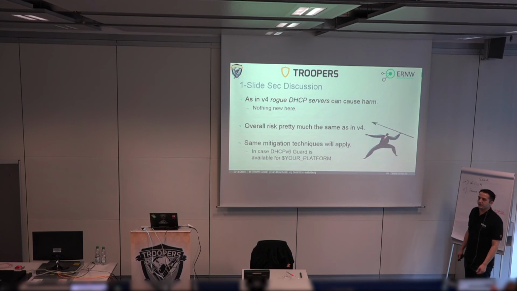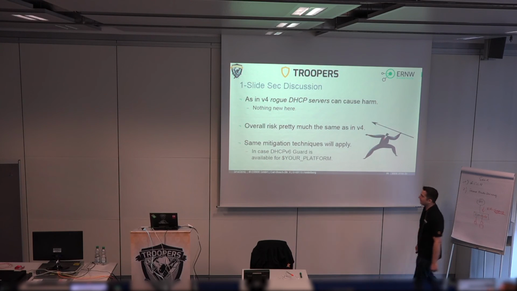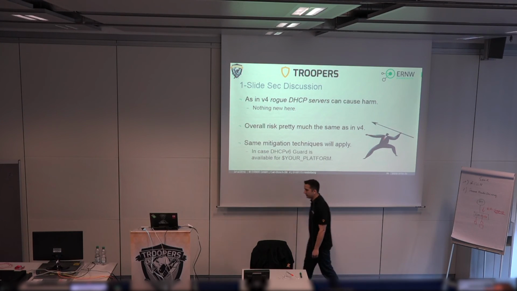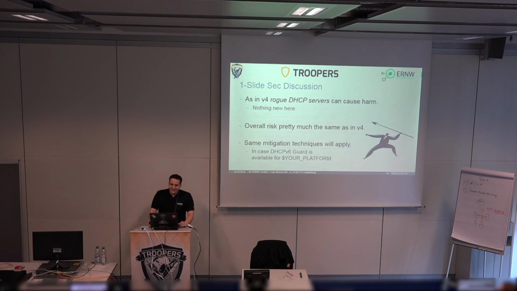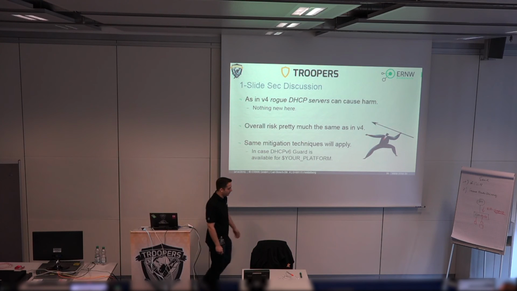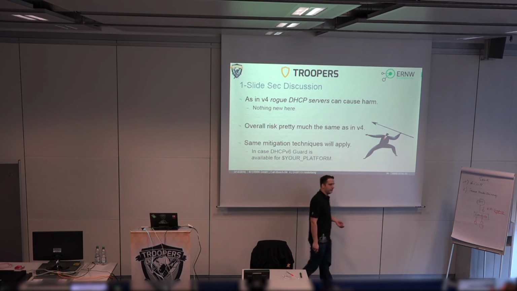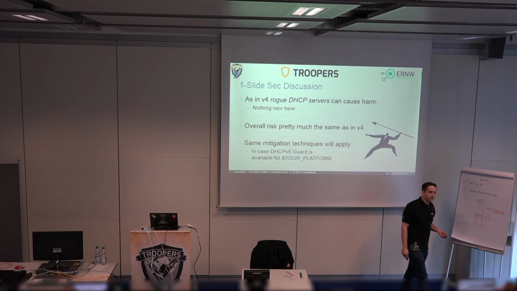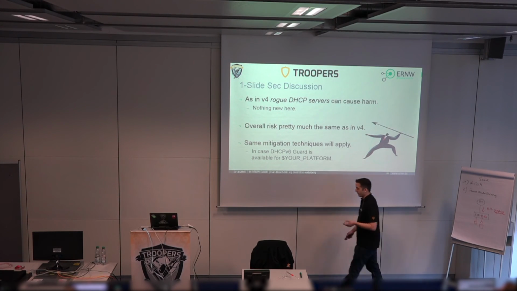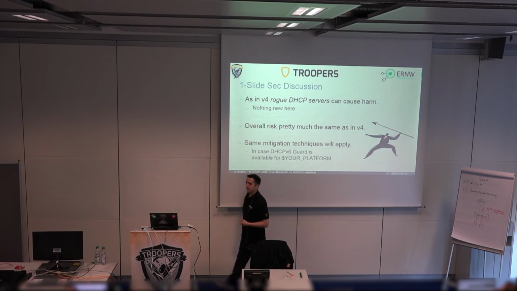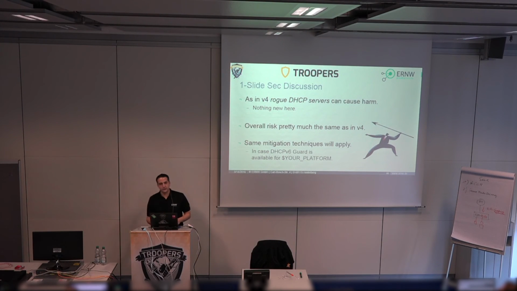It's a little bit less because we cannot distribute default routes over DHCPv6, but in general, the overall risk is pretty much the same as in IPv4, and therefore, the same mitigation techniques apply. When you have implemented DHCP snooping in your IPv4 network, you will most likely implement DHCPv6 Guard for your IPv6 deployment, under the assumption that your hardware is, of course, supporting it.